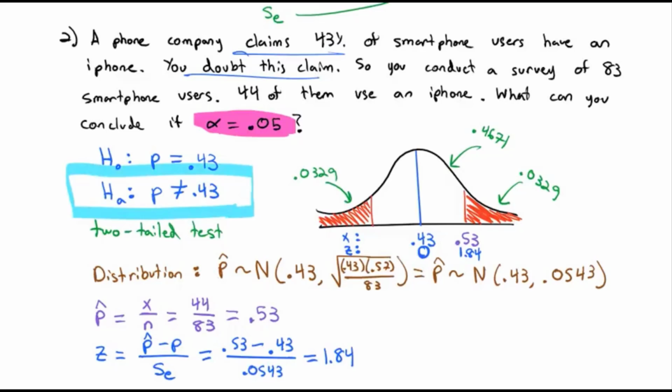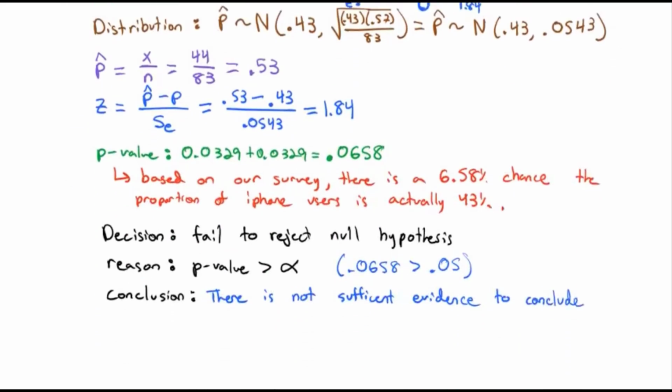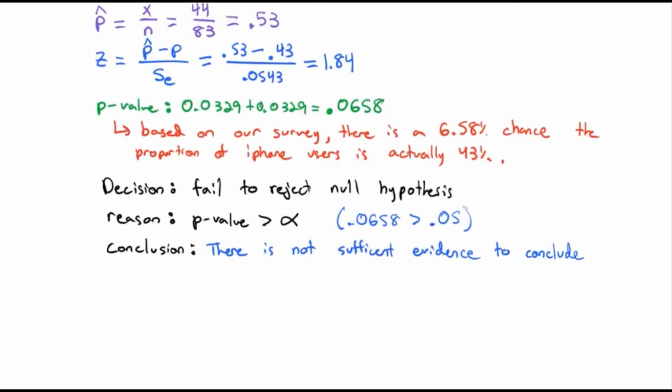So we're going to state the alternative hypothesis, that the proportion's not 43%. Of course, we must put it in context. So to conclude, the proportion of iPhone users is different than 43%.